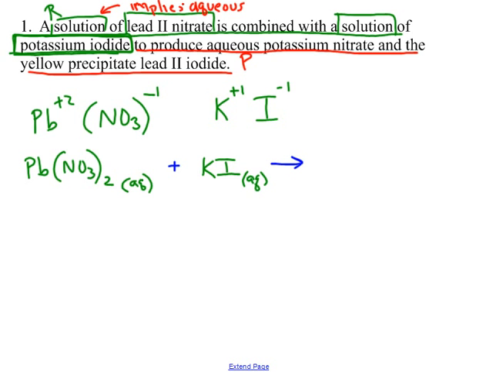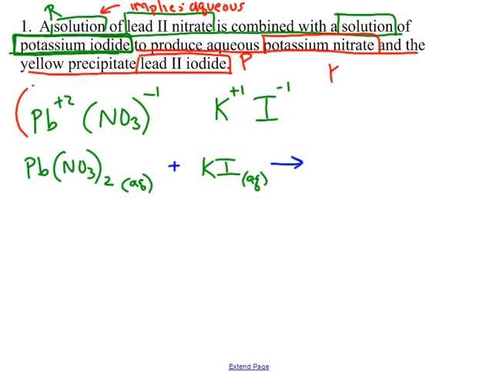At this point, I'm going to put an arrow to indicate that we're going to have some products. So let's take a look at our products. There are two products here, potassium nitrate and lead 2 iodide. Let's start with that potassium nitrate, and I'm just using this top half area up here to do my little scratch work with my ions.